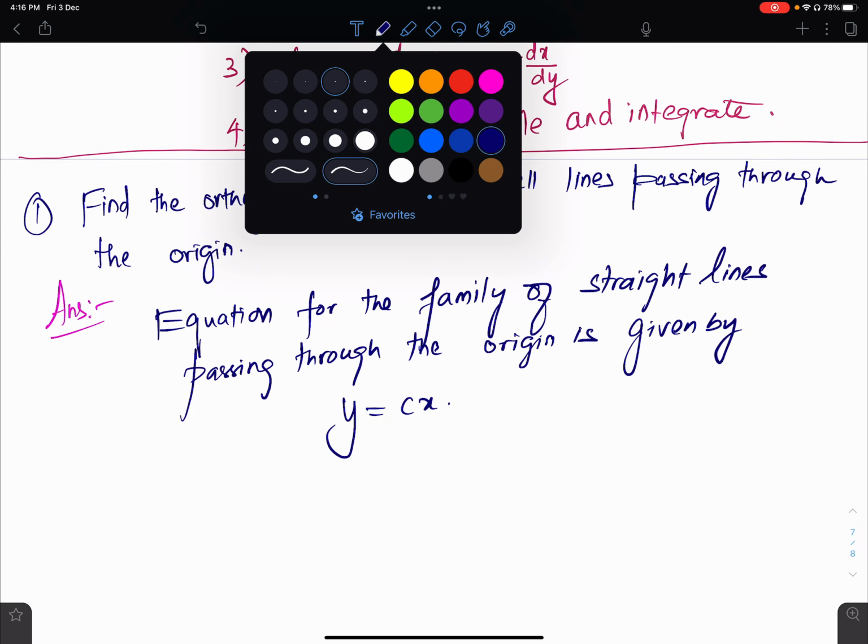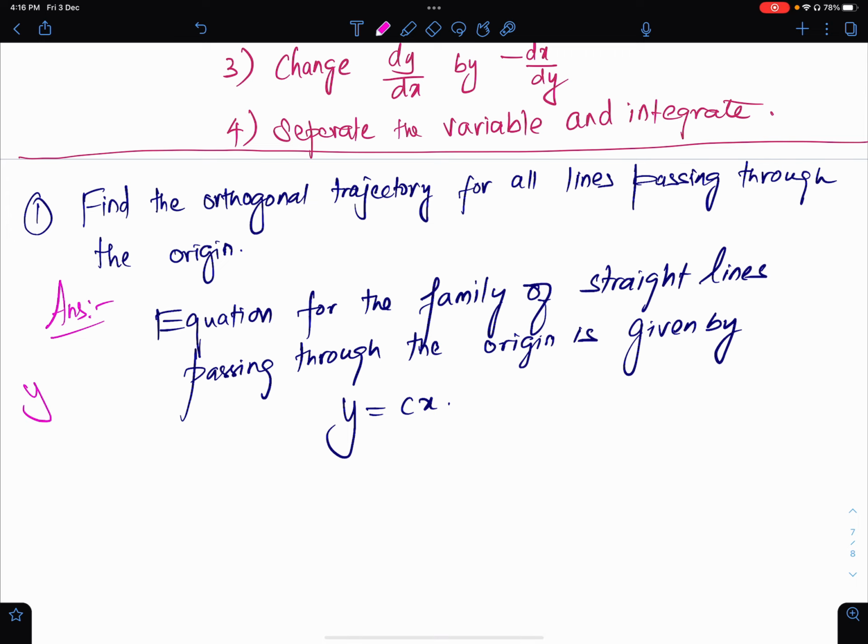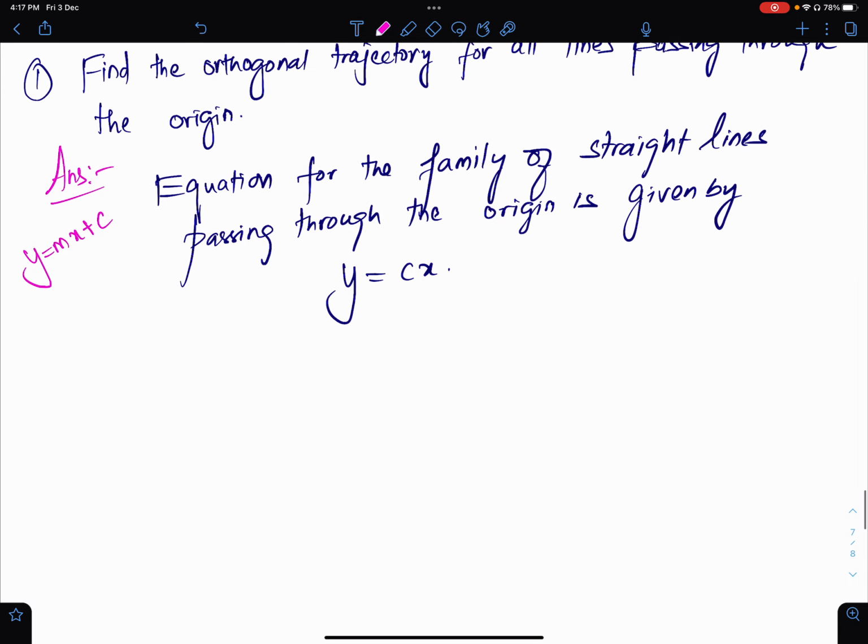In lower classes, you studied y equal to mx plus c. So this is the equation of a straight line having the slope m with y-intercept at c.